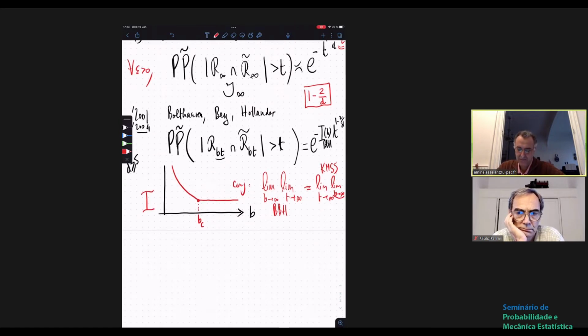Let's say that the paper does not study the scenario, but they made popular a Swiss cheese picture.